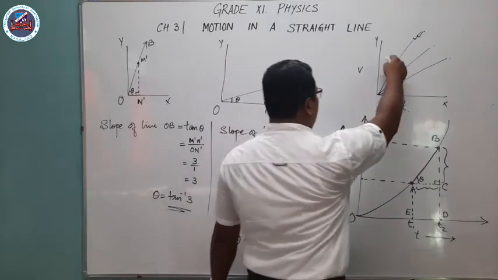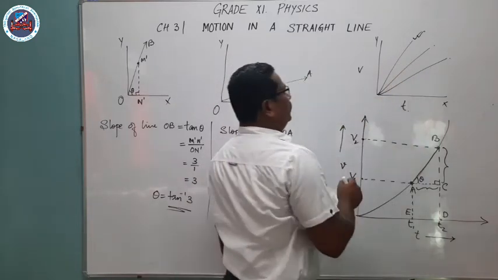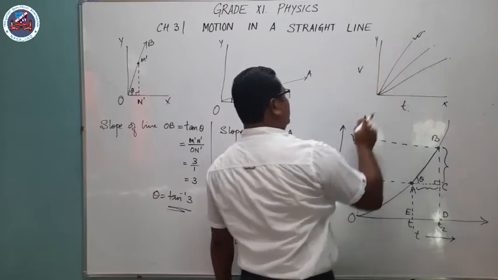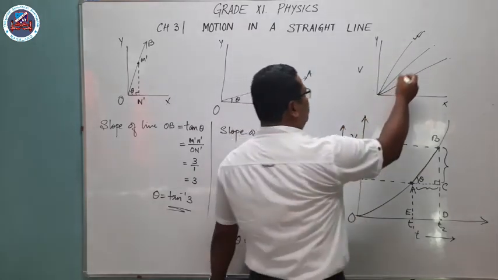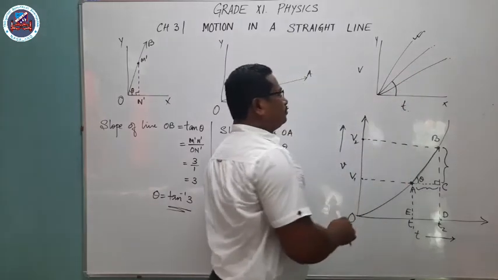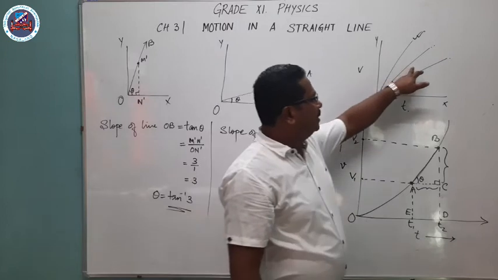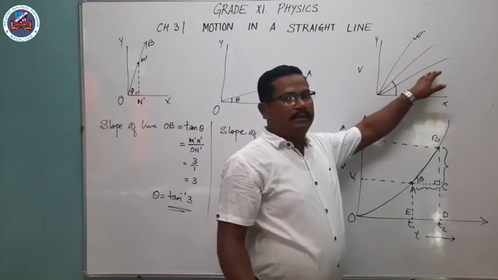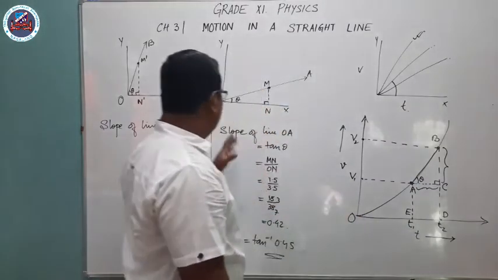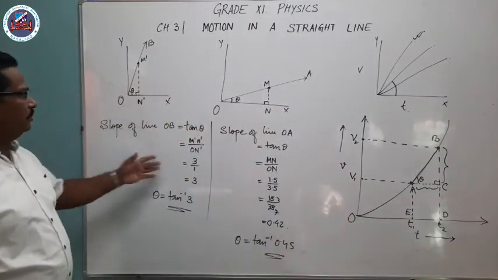So these are the graphs for acceleration now. If slope is more, that means here it is highly accelerated, the acceleration is more. If the slope is less, this angle is less, then the acceleration will be less, and here again it will be lesser than that. This is the way you justify from the slope of the line.